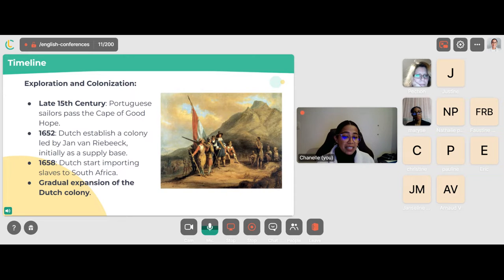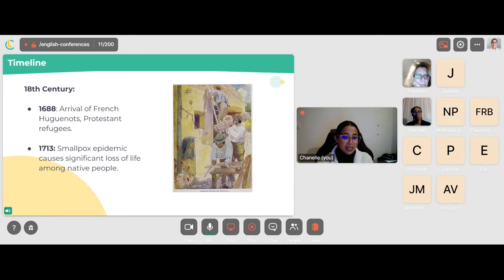In 1658, the Dutch start importing slaves to South Africa, and we have the gradual expansion of the Dutch colony. In the 18th century, we see the arrival of the French Huguenots, which were the Protestant refugees. That was around 1688. And in 1713, we had the smallpox epidemic, which caused significant loss of life among the native people.